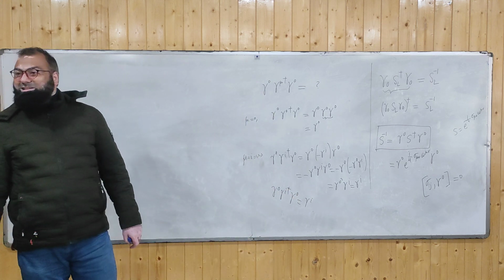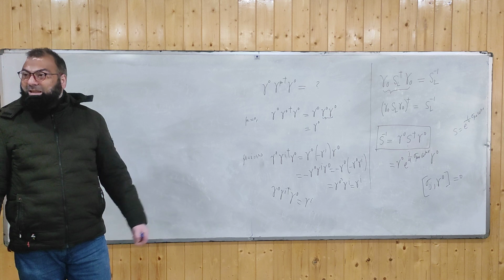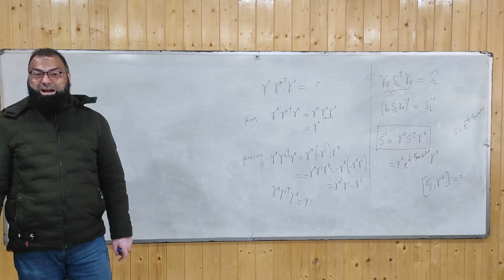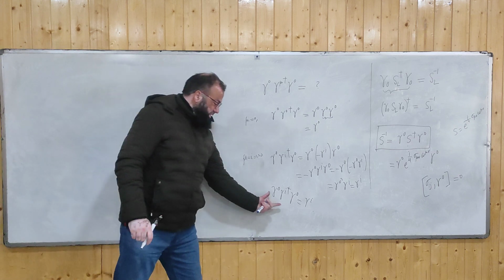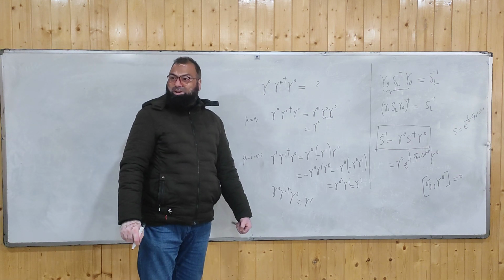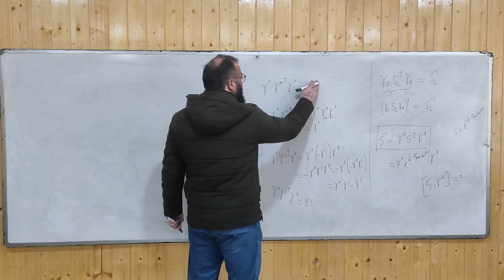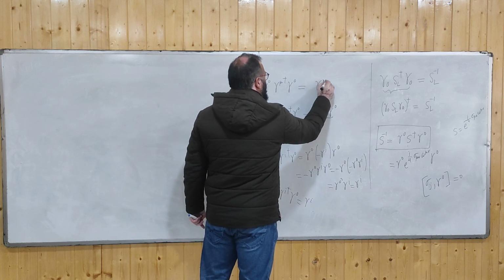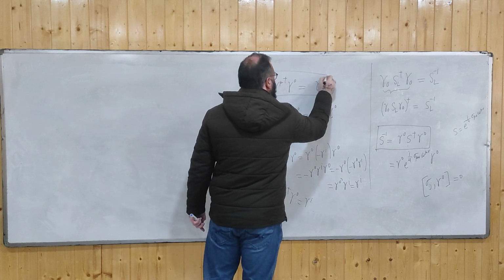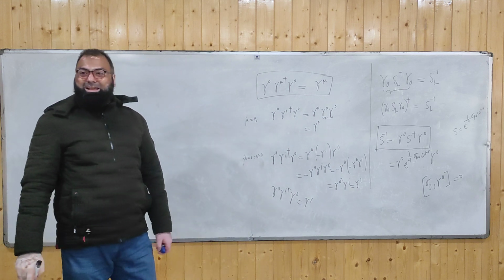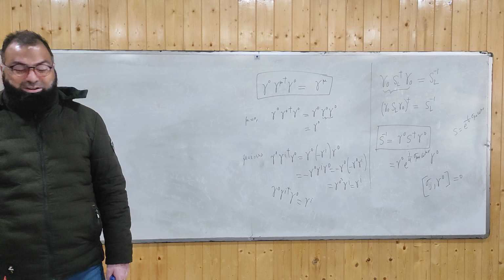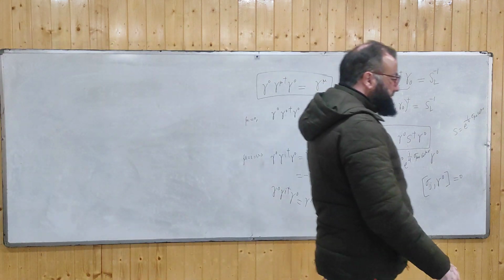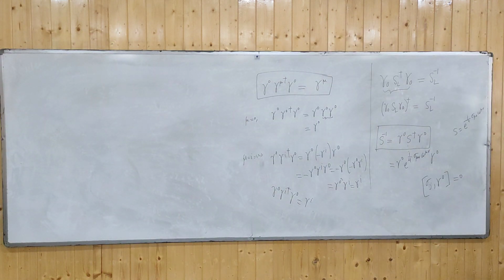This is the generalization of your Hermitian condition, because gamma i are not Hermitian, but this kind of product makes it Hermitian. Okay? Got it? Any questions till now?